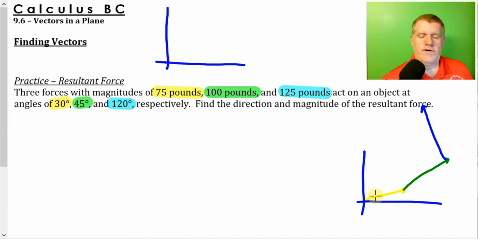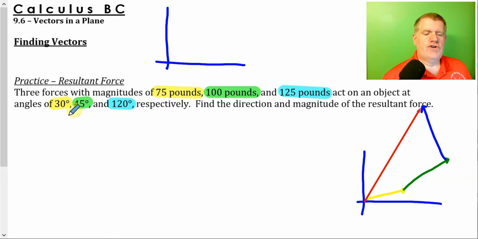So very, very rough sketch. Our component vector will be here. So I got it in the first quadrant, and it looks like the y value would be bigger than the x value. So just a rough idea, very rough. However, let's take the roughness out and get right to the problem.